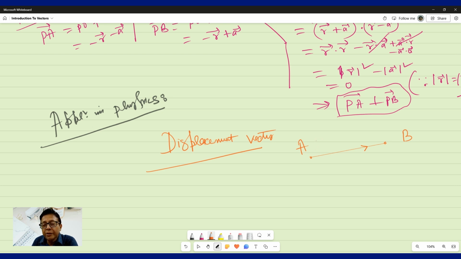Suppose position vector of the point is A. What is the meaning? Position vector means what? Origin is there. From origin to A, if you join, there will be A vector. Origin to point B, if you join, there will be B vector.